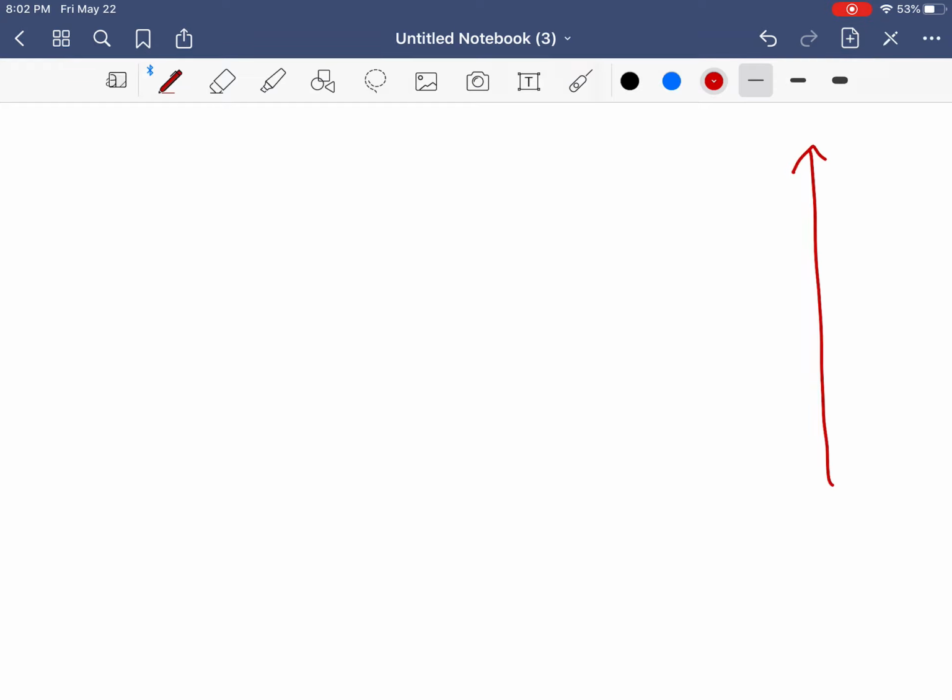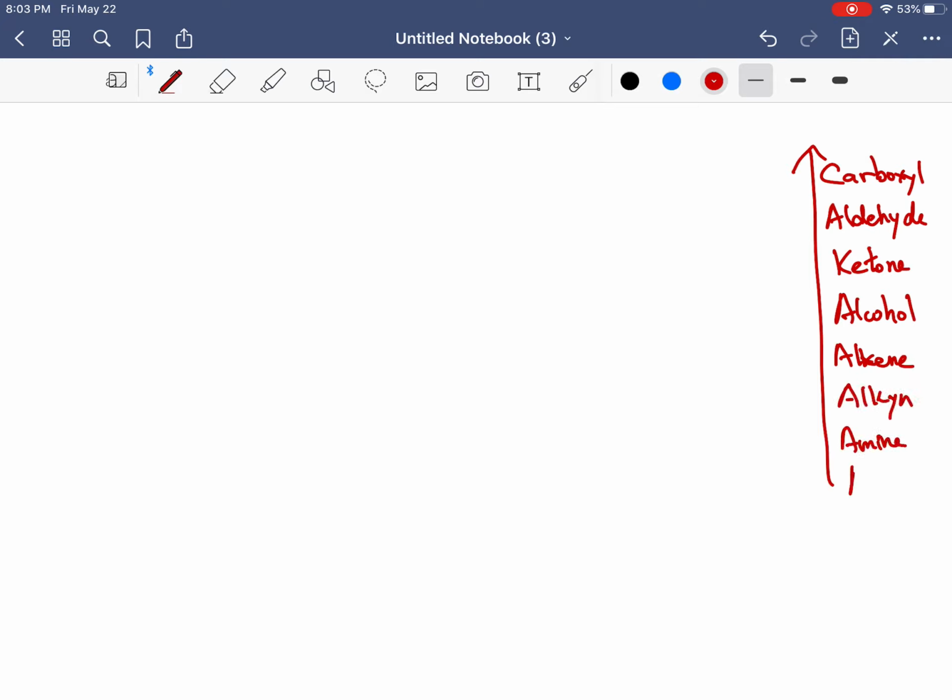So let's look at the priority chart in terms of priority. So we have carboxyl right on the top. Then we have aldehyde. Then we have ketone. Then we have alcohol. Then we have alkene. Then we have alkyne. Then we have amine.